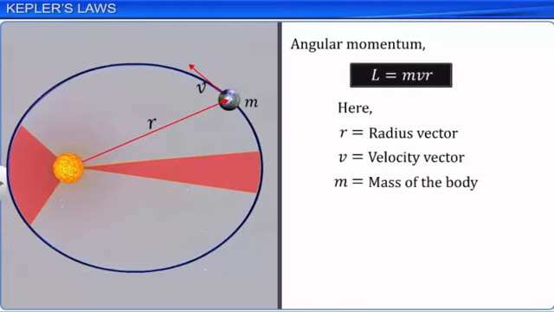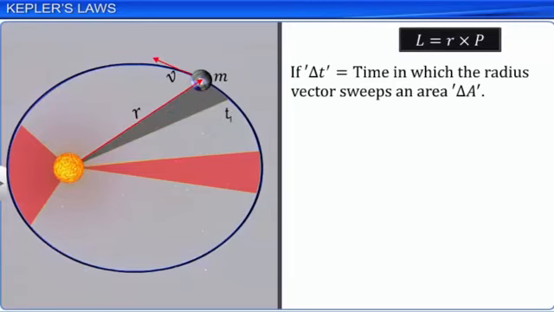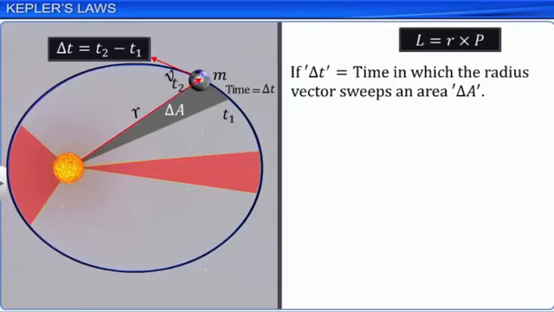If delta t is the time in which the radius vector sweeps an area, delta A, then delta A is equal to half multiplied by r multiplied by v delta t. Thus, delta A by delta t is equal to half r multiplied by v.